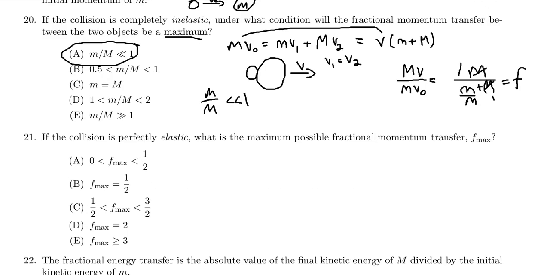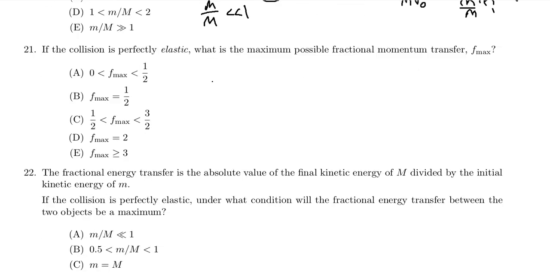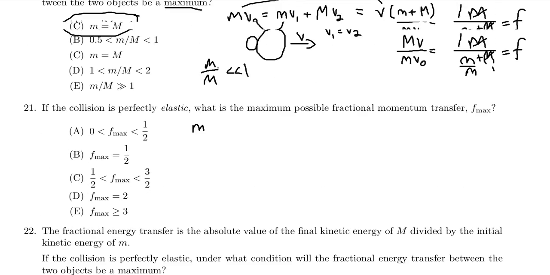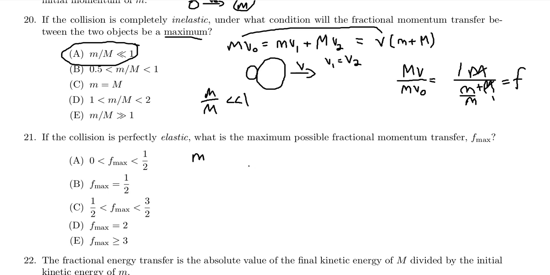So now we have the same equation here, m v0 is equal to v times (m plus capital M), because momentum is still conserved. Well, actually, no, that's not true. Sorry. But we have this one: m v0 is equal to m v1 plus big M v2.